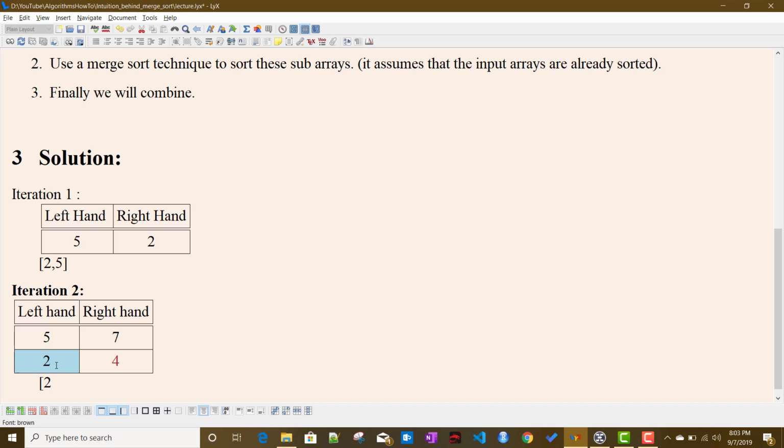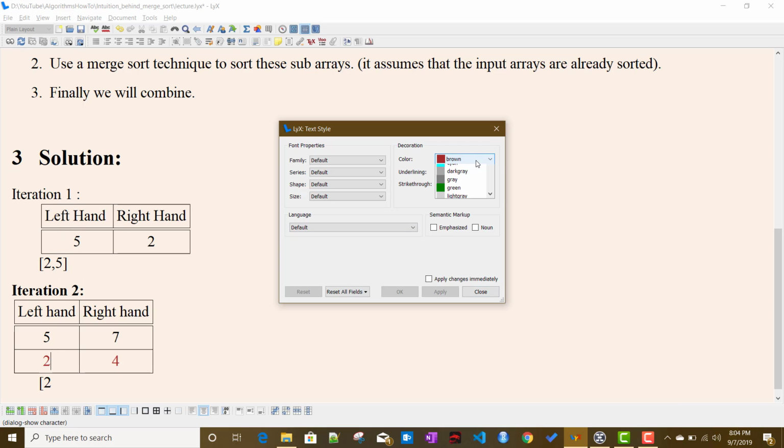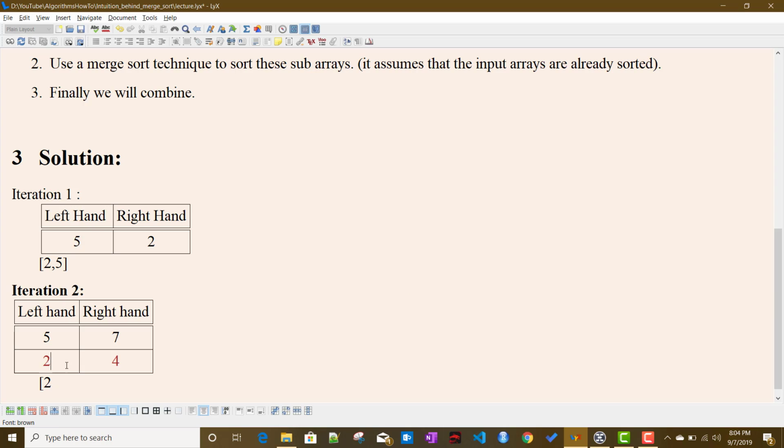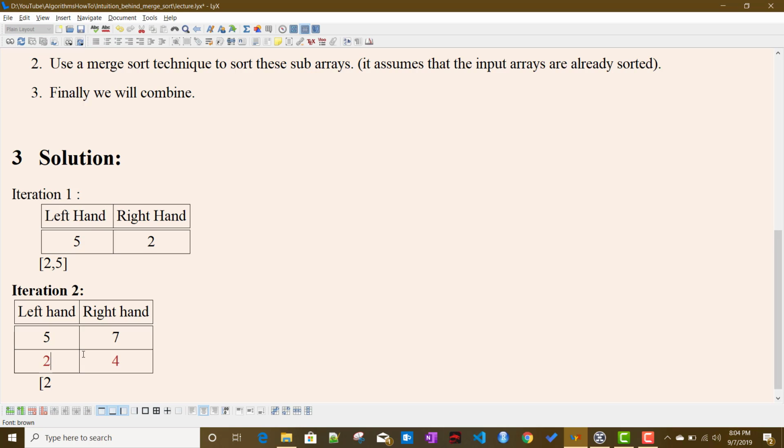I'll just make it in red color over there. Now we have 2 over here. Now in our right hand we still have 4. In our left hand we picked up 5 over here.